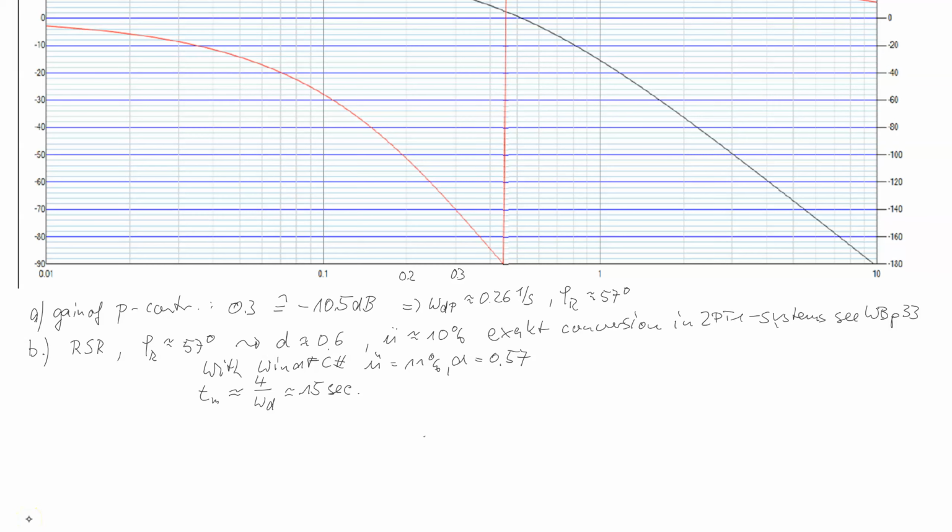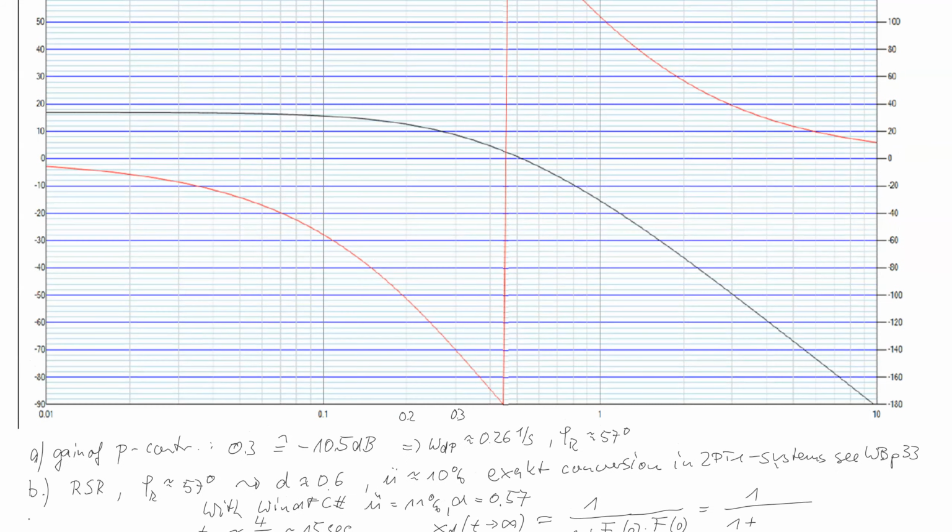And a P controller has a control error xd with infinite large time. It can be calculated with 1 divided by 1 plus process gain at DC times controller gain at DC. In our case we have 1 divided by 1 plus the process gain at DC, which we can read out of the diagram as the low frequency gain of the magnitude curve.